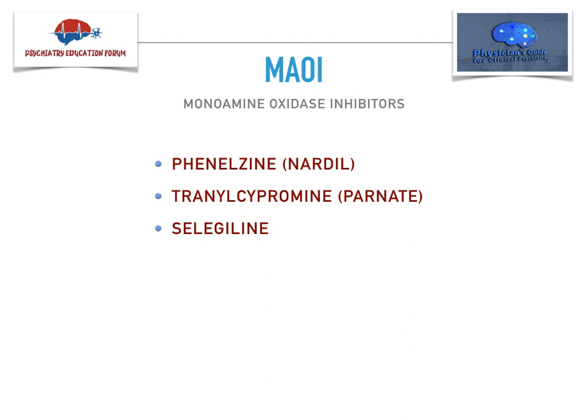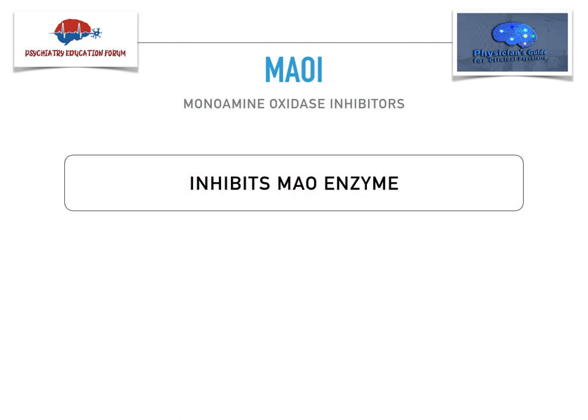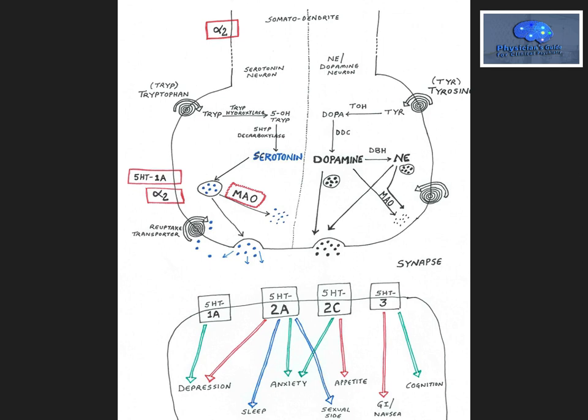So how do these medications work? They inhibit this enzyme called MAO, which is monoamine oxidase. And I think you will remember from our lecture number 1 that there is this enzyme called MAO in a presynaptic neuron, and the normal function of this enzyme is to break down or destroy extra serotonin.